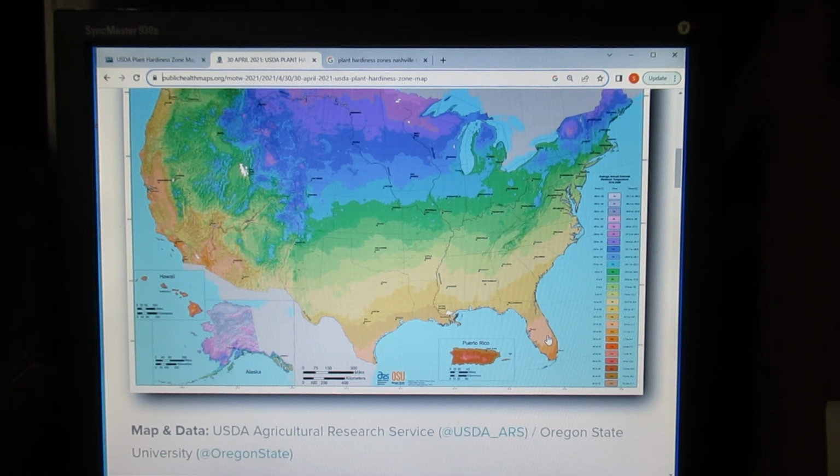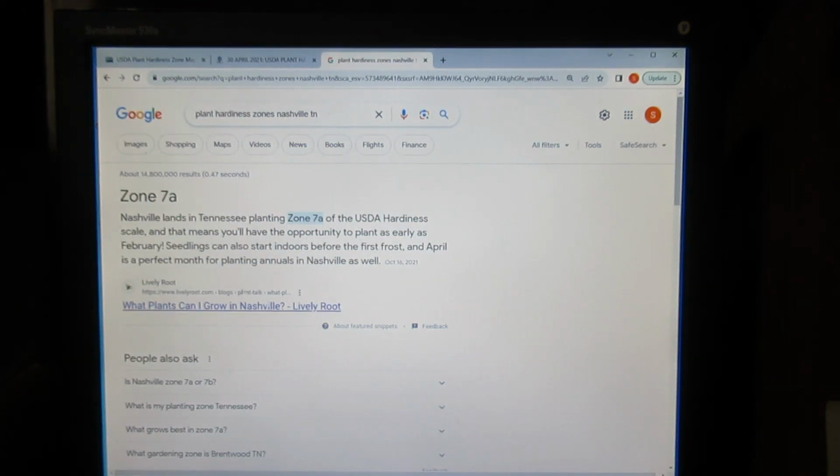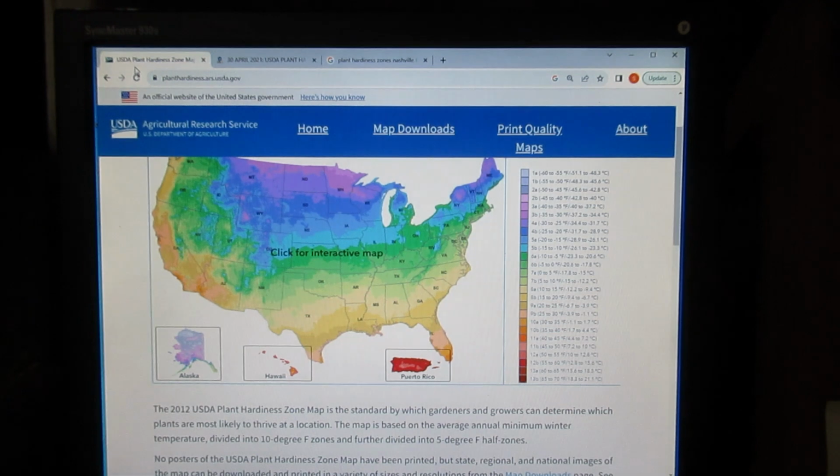So if you look at a current map compared to an older map, you will see the difference based on climate change. All right. Now you can play around with all this. You can put all kinds of areas in here. You can do places in Paris or Austria or anything like that. It's fun to play with.